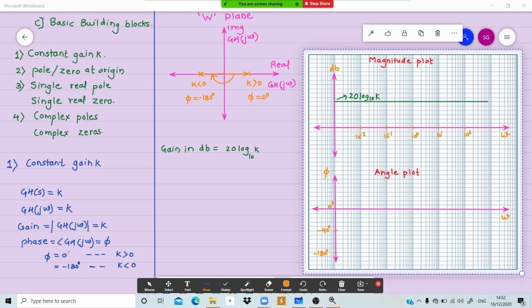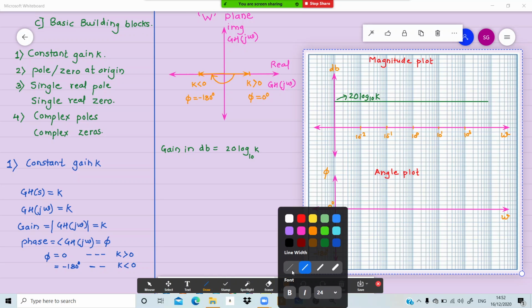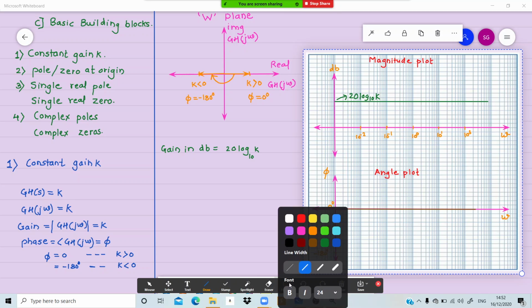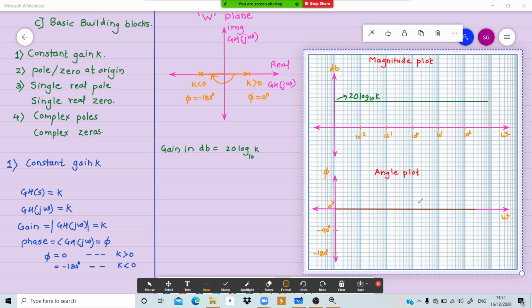So phi is 0, so I am going to have a straight line over here. I'll draw that line. On this line you are going to have k. This line is for k greater than 0. This will be the phase plot, right?